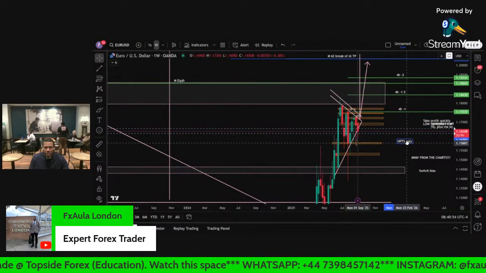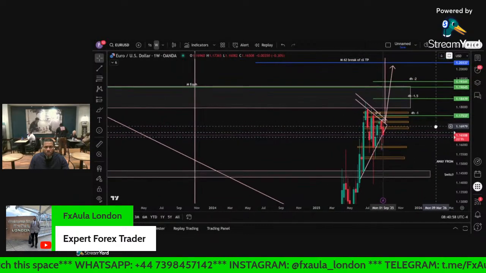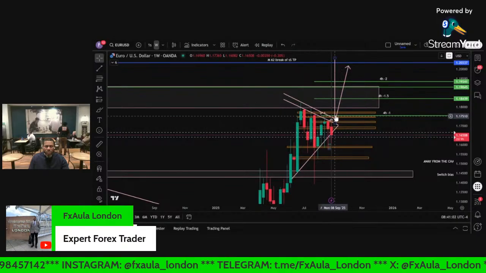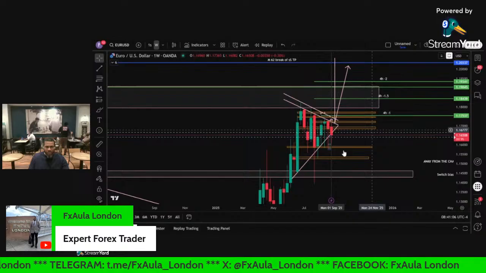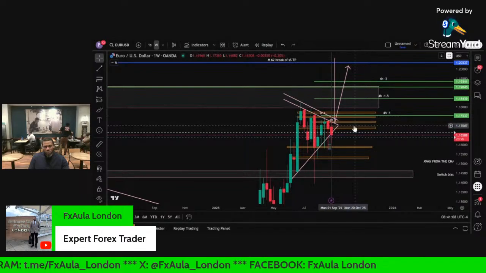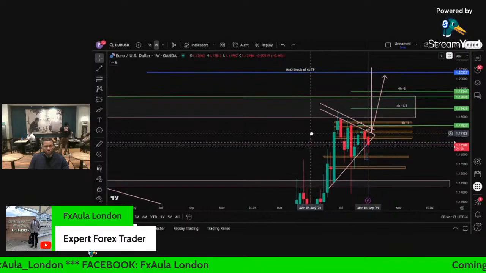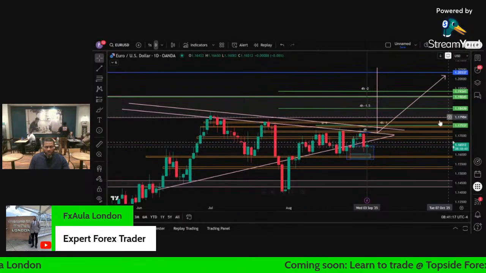Okay. So if price continues in line with the trend, this is not dependable yet. It's not confirmed. It's looking rough, but if price breaks out, then we will continue long. I change it to the daily, and this is what it's looking like.